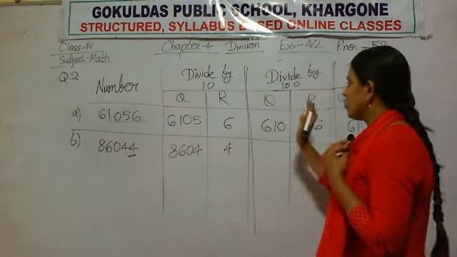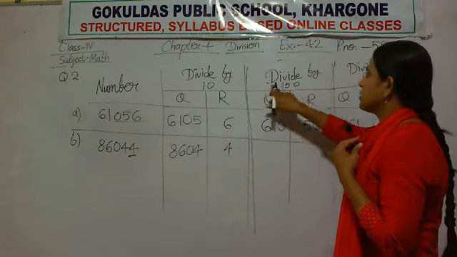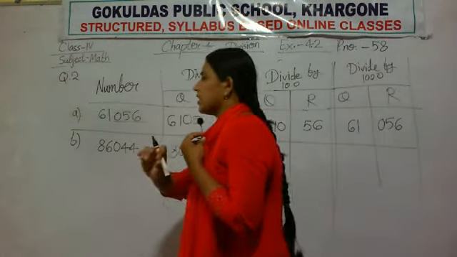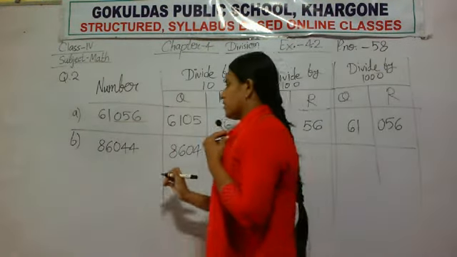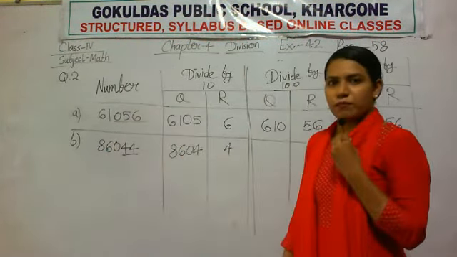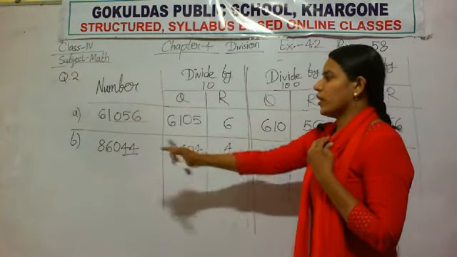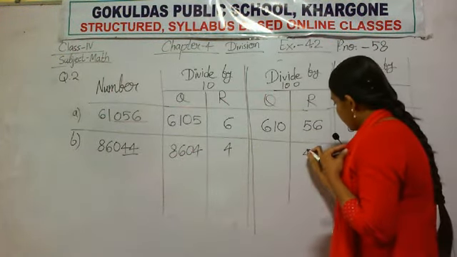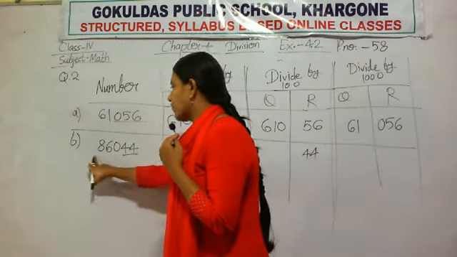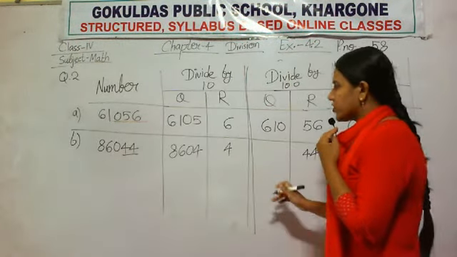Now move to the next column, which is divide by 100. If you are dividing any number by 100, then the last two digits of the given number will be your remainder. So here your remainder will be 44, right? And the remaining digits of the given number will be your quotient.